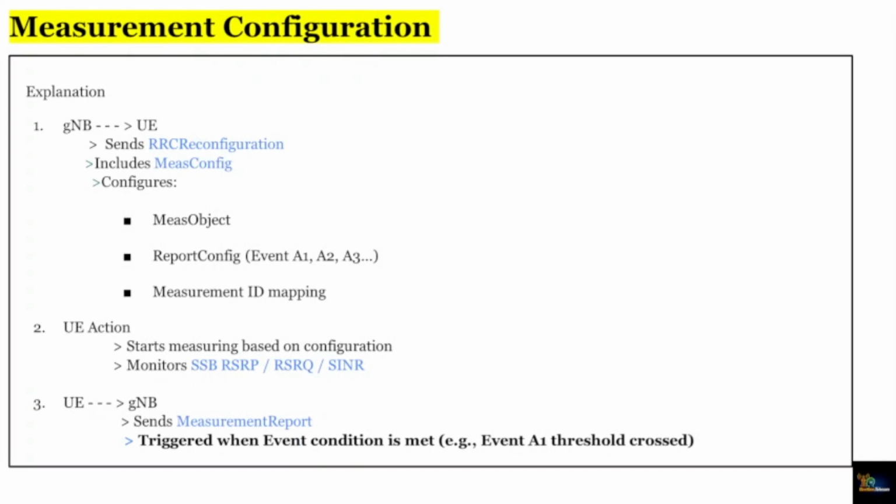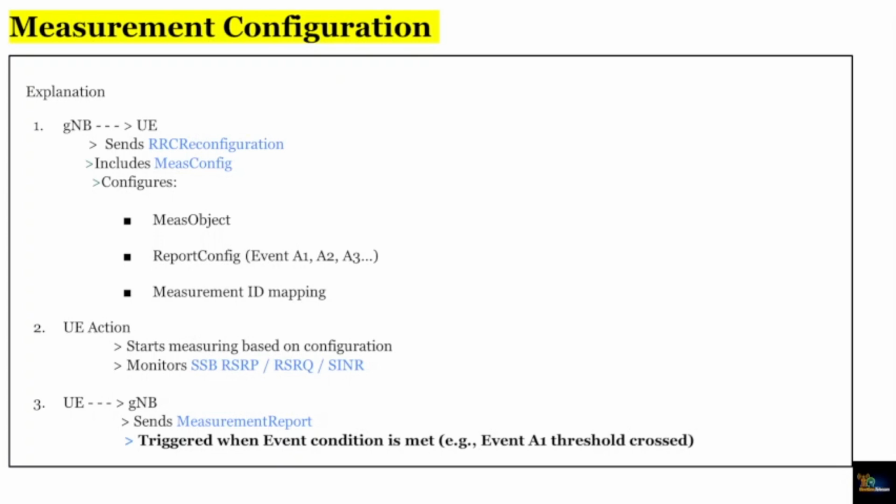The measurement configuration explanation is here. First, the gNodeB sends an RRC reconfiguration to the UE, including the MeasConfig, in this configuration the MeasObjectNR, ReportConfigNR, and MeasID.